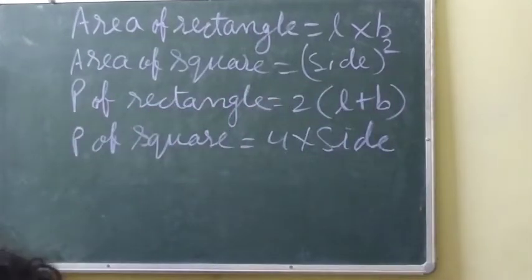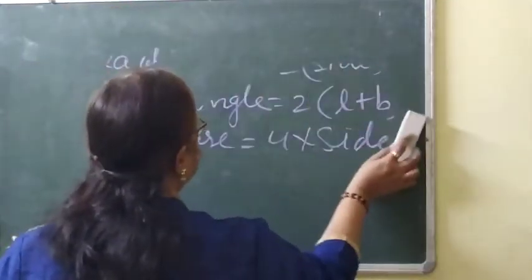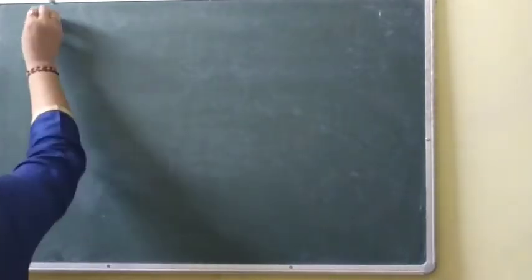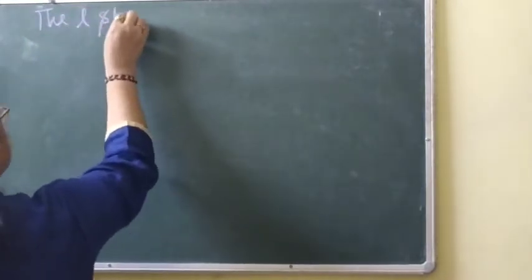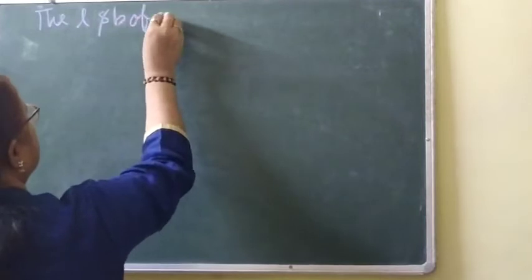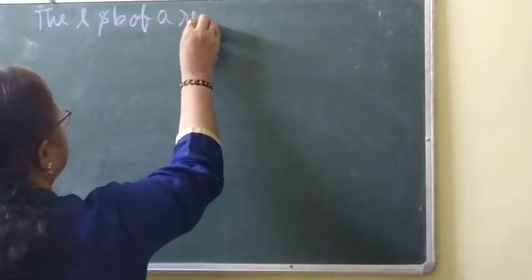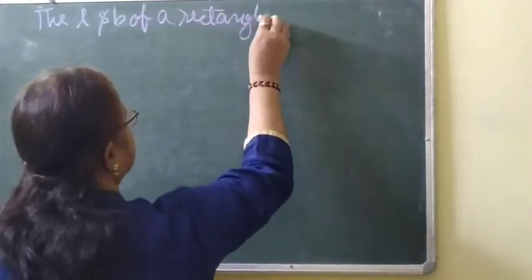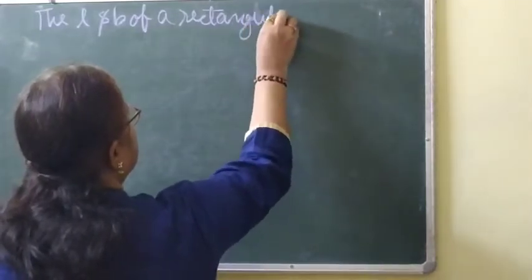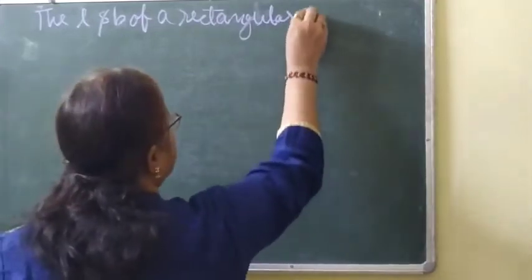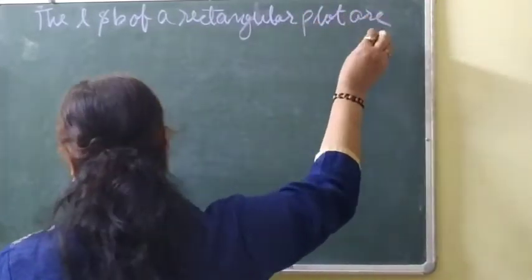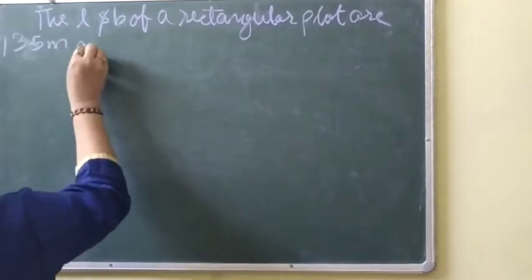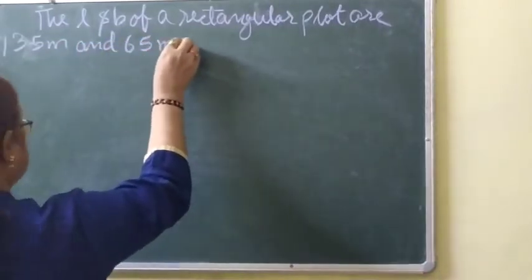So question number 1. The length and breadth of a rectangular plot are 135 meter and 65 meter.